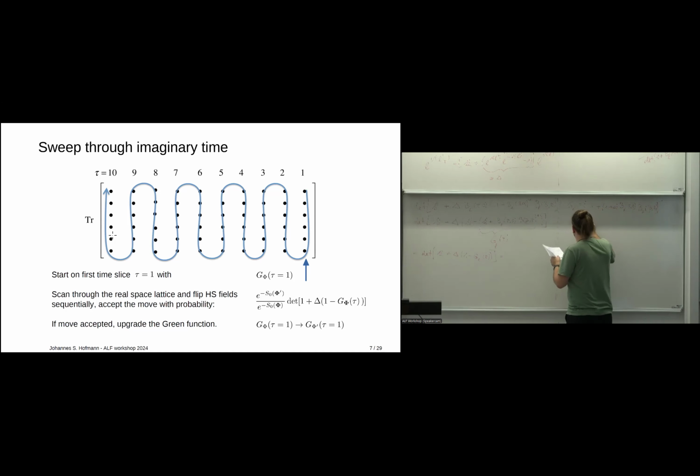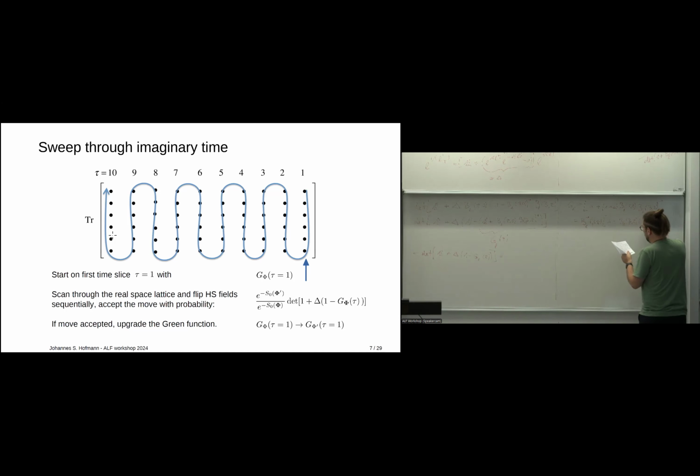So I want to write this as BL inverse from beta tau times the identity plus BL beta tau 1 plus delta BL tau 0. This gets inverted.